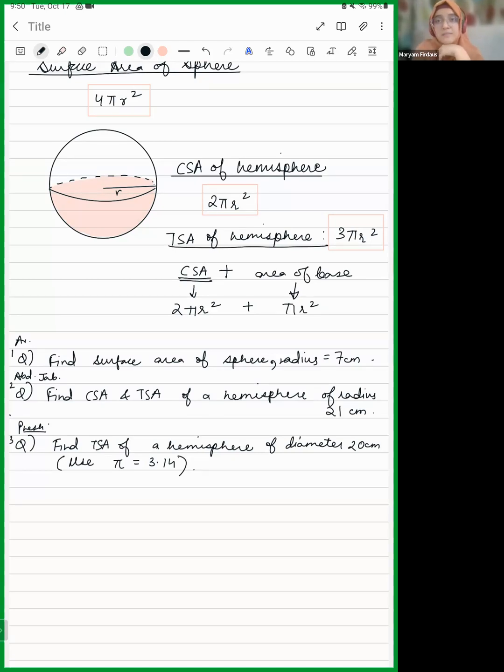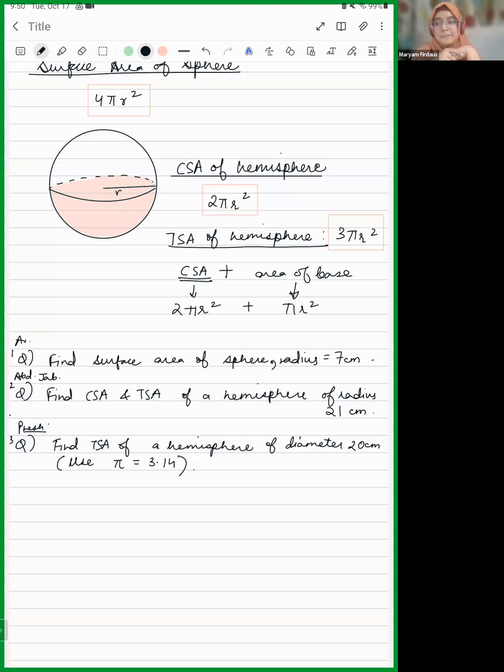Okay. Now, Abdul Jabbar, what is the first part? What is CSA? Ma'am, CSA is 2772 centimeter square. Very good. And then total surface area is 4158 centimeters square. Very good. Now, Abdul Jabbar, try the third one.